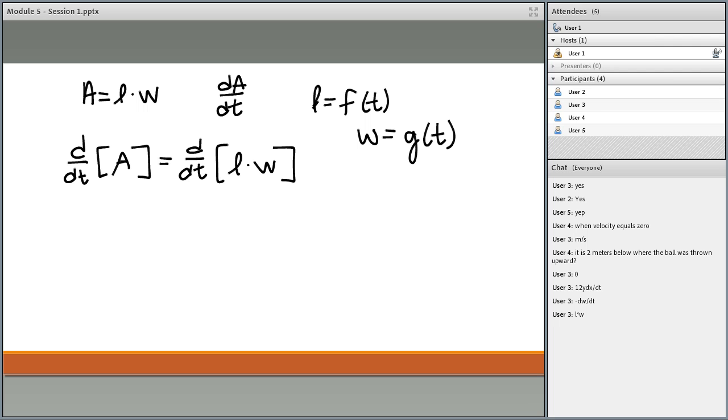So I'm going to have to use the chain rule, so implicit differentiation. How am I going to take the derivative of the right side? On the left side, I have dA/dt, and that's what I'm trying to find. So what about the right side? Well, I have two functions, and they're multiplied together, and they're both a function of t, which means I have to use the product rule.